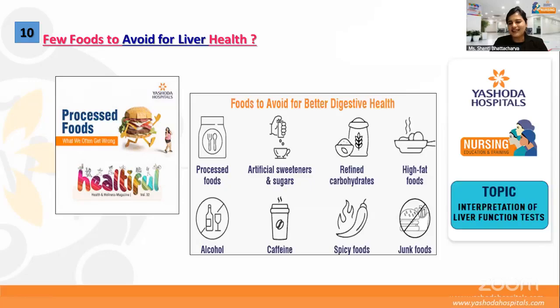High fat foods like sweets, ice creams, chocolates, and alcohol definitely we have to avoid. And junk foods like pizzas, burgers, and evening snacks like samosas and all. It is better to avoid.